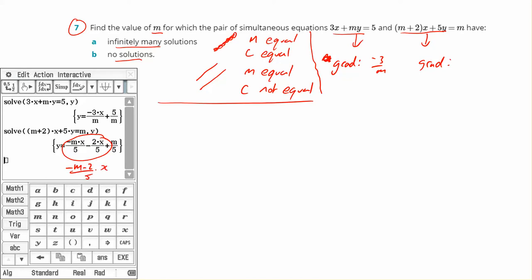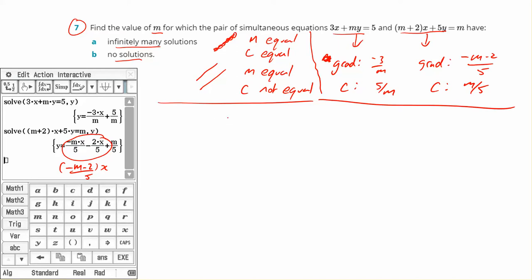So a bit of a step there, even the calculator will simplify for you. The y-intercept, my c value, is 5 on m in this case, and my c value is m on 5. Now, once I've got my gradients and y-intercepts for each line, I can do the calculation.